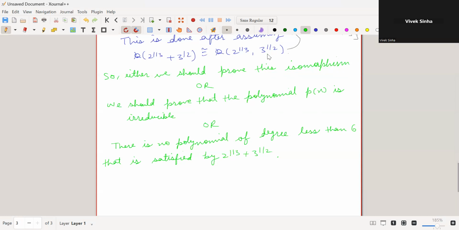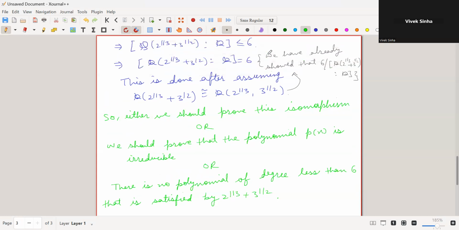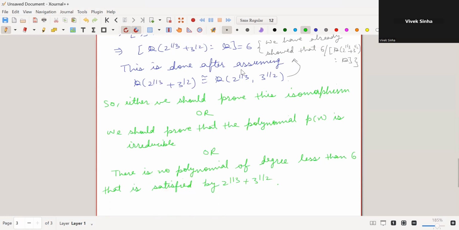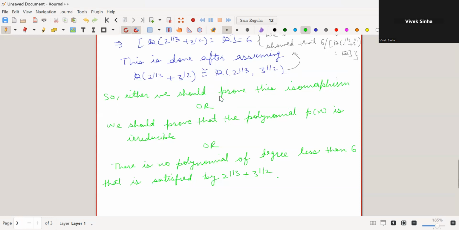At present, we can only say that the degree is less than or equal to 6. And that is not enough to discard any single option, because all options have degrees less than or equal to 6. We use this thing to conclude that this is precisely 6. So either we prove this isomorphism, we are going to see a similar kind of isomorphism in, I think, the third question.